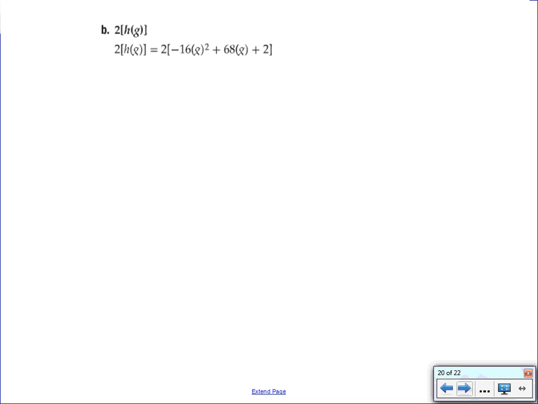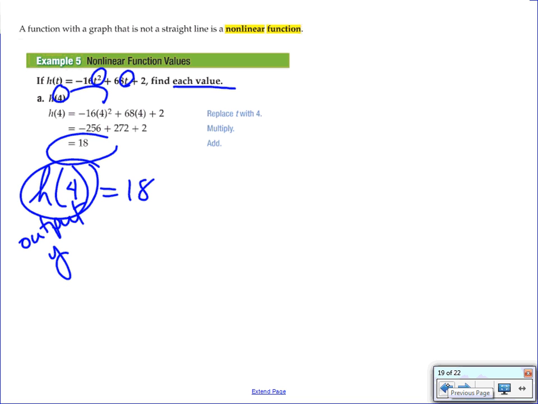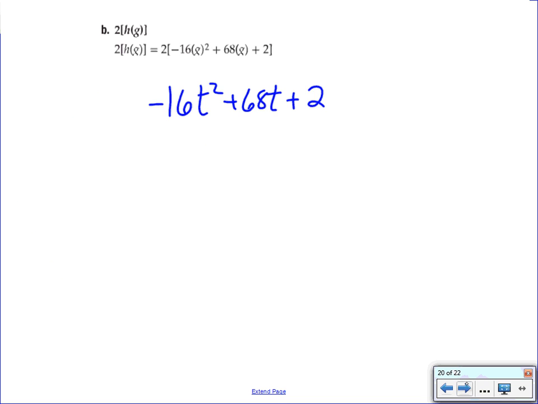All right. In this case, we were still at that other equation, negative 16t squared plus 68t plus, was it 2? I'll have to go back and check. Plus 2, that's right. Okay. Now, every place that we have a t, we're going to insert this.